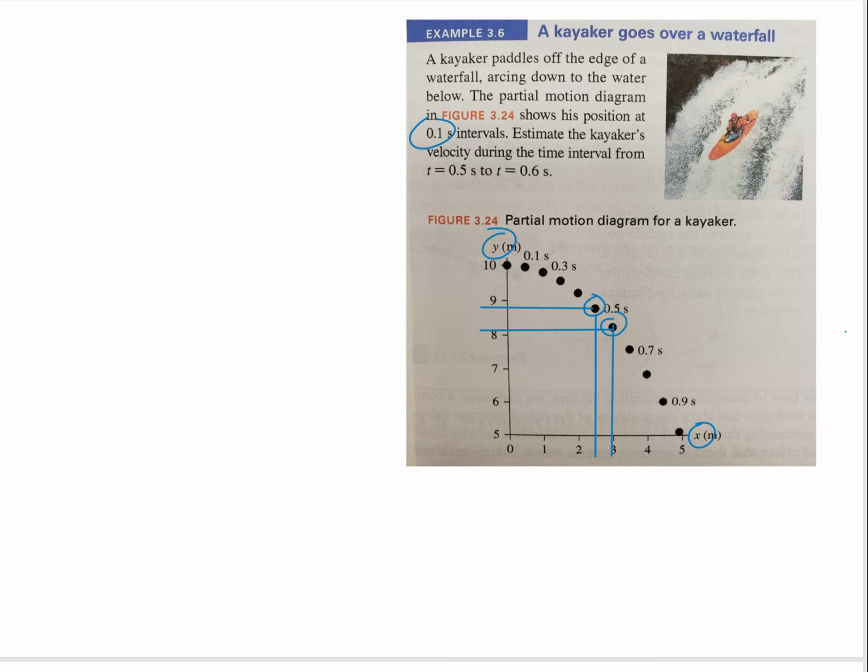So subtract them. How much should we change in position? Which way? That's a good question. In Y, we changed around 0.7. Yeah, 0.7 meters a second. And then the other one is about 0.5 meters a second.